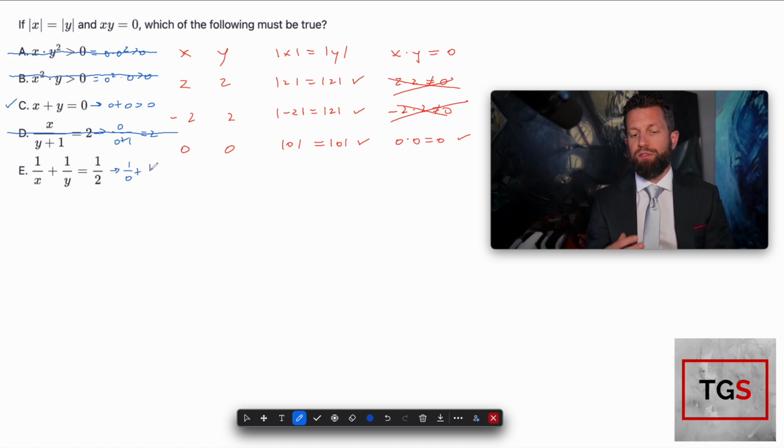Having said that, even if theoretically we could do 1 over 0 plus 1 over 0, it would definitely not equal 1/2, which is what E is saying. So just in case that previous point was a little weird, you can be doubly sure that E does not have to be true. And that should lead us to our correct answer of option C, as in Charlie.